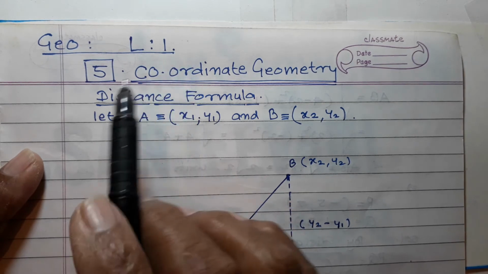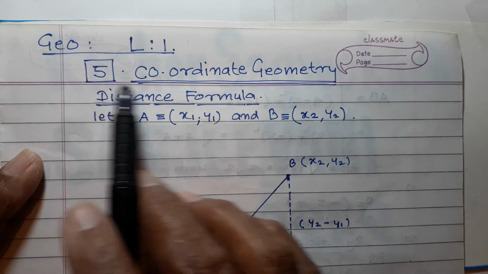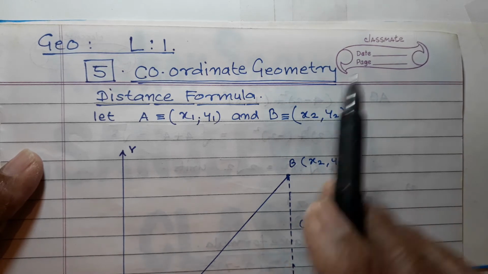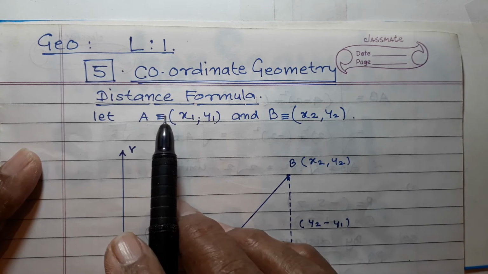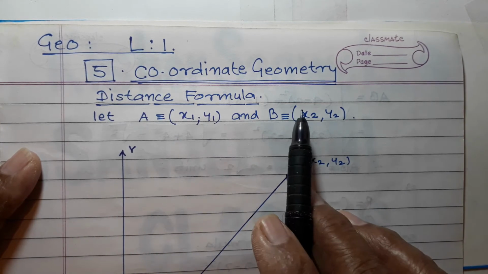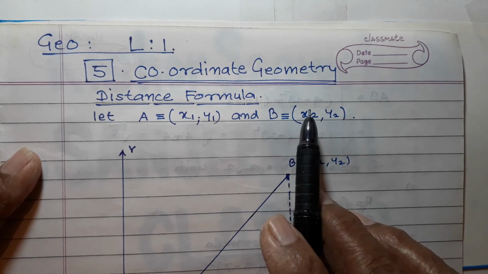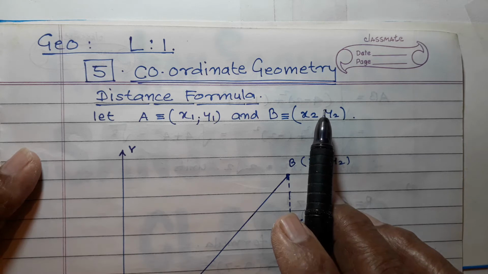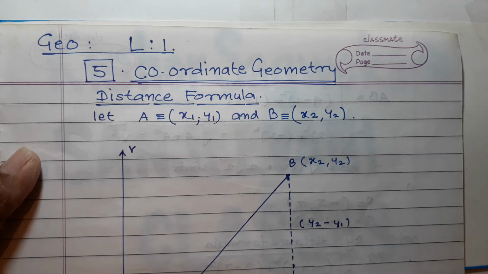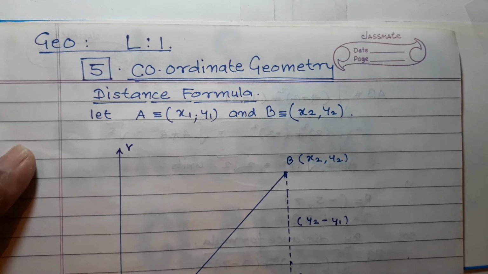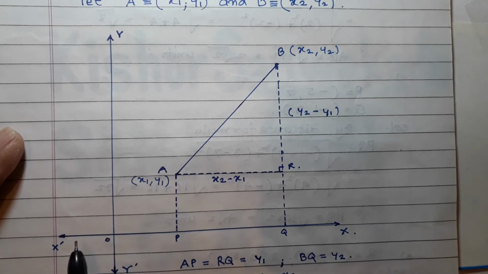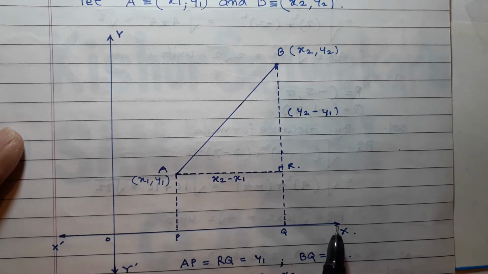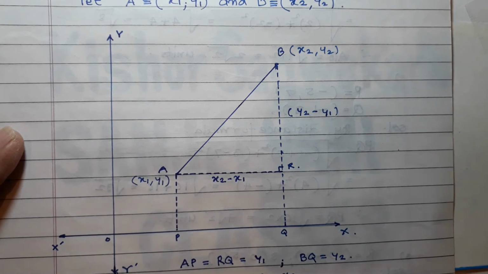Geometry lecture number 1, chapter number 5, coordinate geometry. Distance formula. Suppose A and B are 2 points given. You can find the distance between these 2 points. Now you know this is a Cartesian system in which this is x-axis and this is y-axis.